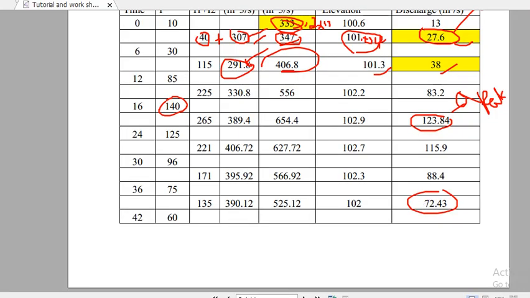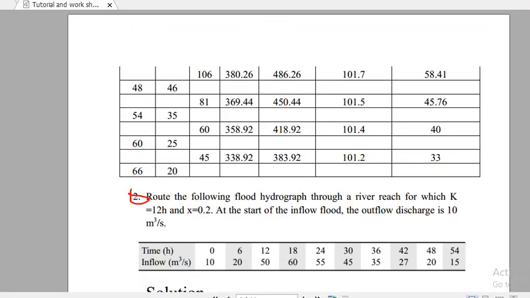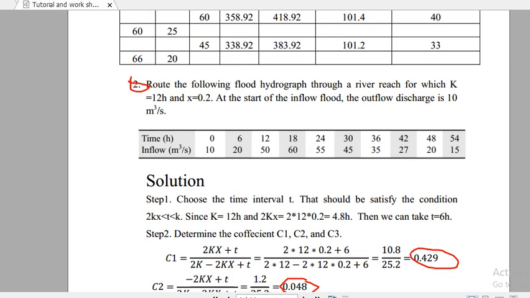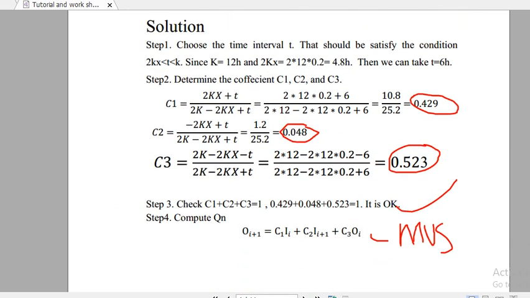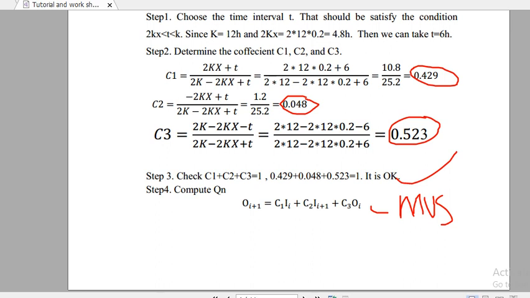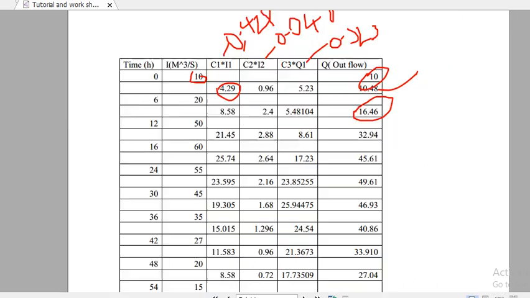Okay. It is very simple. So from this, the peak discharge is equal to 49.16. It is peak discharge, and this is the peak time.